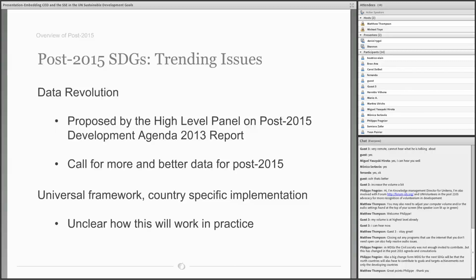So this is not a trending issue that will go away. There's a lot of attention on this. It aligns nicely with donors' obsession with accountability and results, but also has the potential to have really important impacts in terms of accountability on the ground.